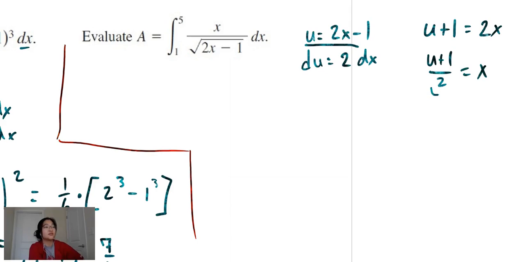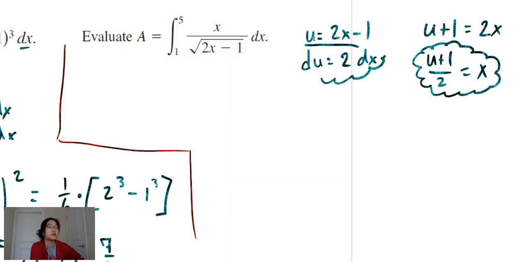These are all things that we have in our pocket to deal with our substitution. We should probably change our bounds, though. So, g of 1 is going to be 1. g of 5 is going to be 9.